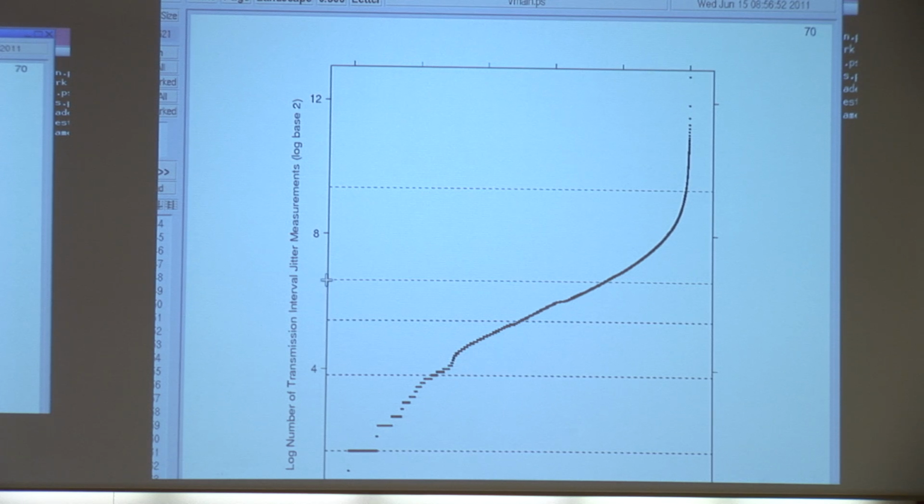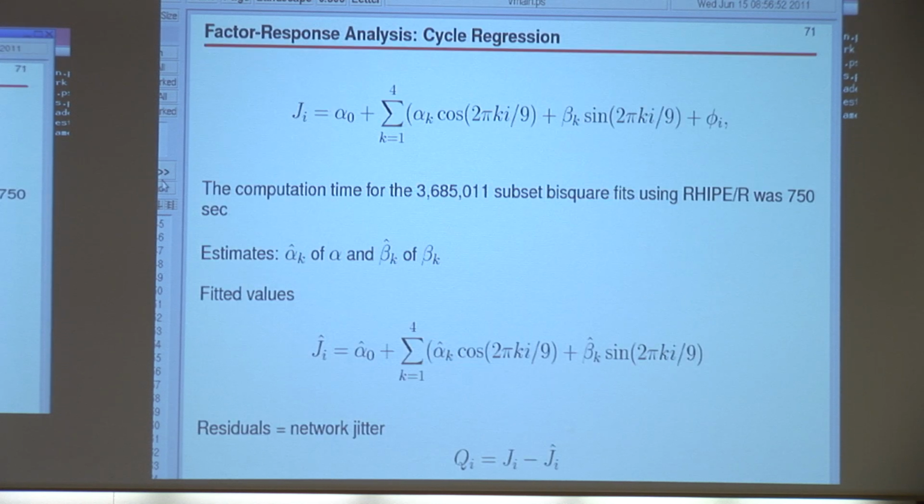So if we look at 7.5, that's up here somewhere. So we're getting about the top 20% of the intervals in this regression. I mean, the largest 20%, rather. OK.